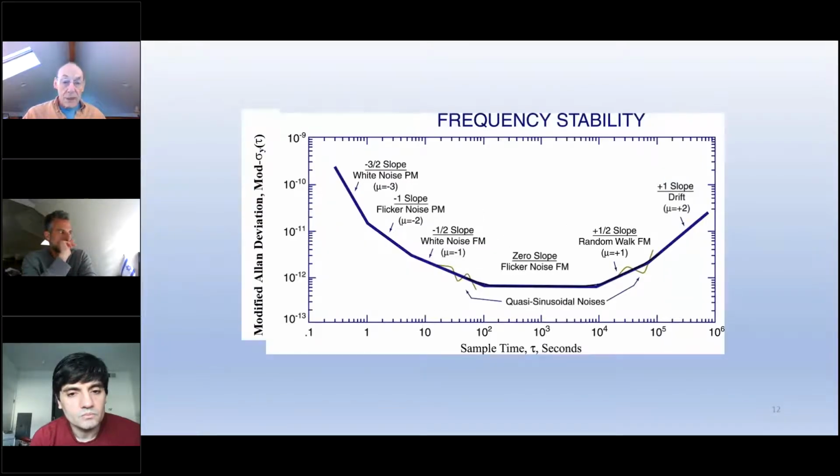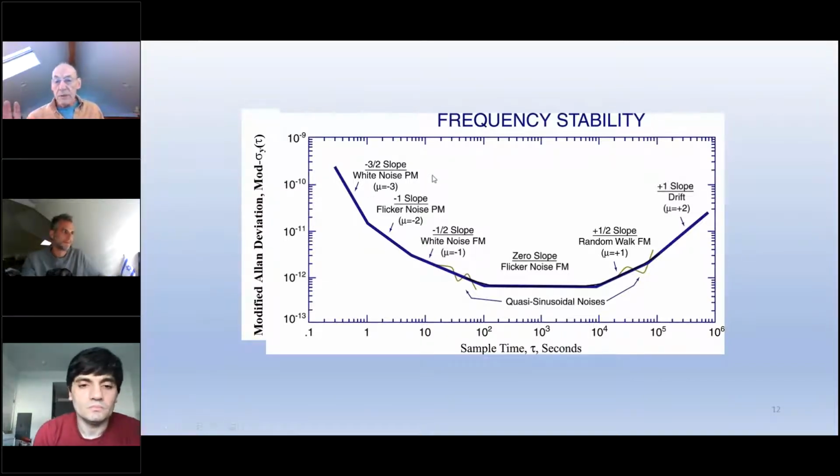And the result is these power law noise types. So white noise, if you think of the spectrum, white noise means that you've got constant power over some band in the spectrum. If you're looking at color, white light means you've got constant power over all the colors in the visible spectrum.